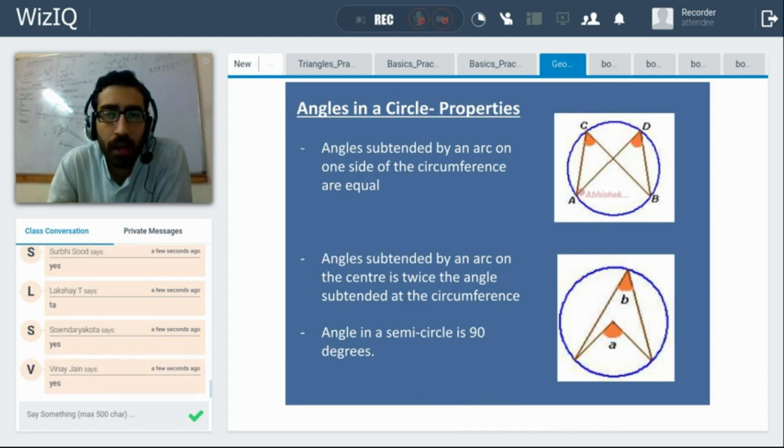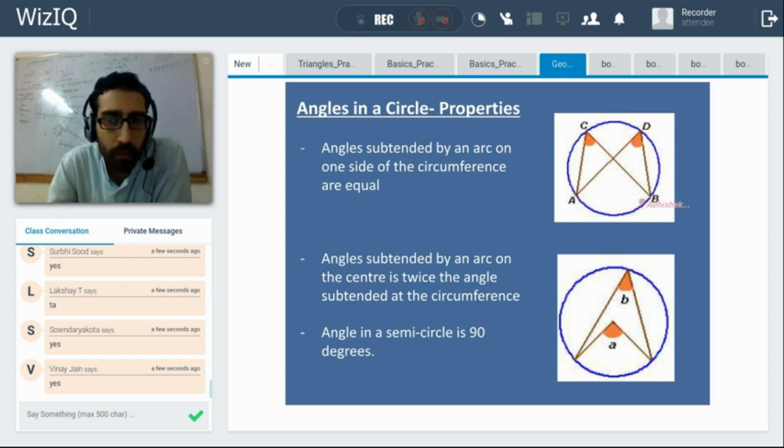Angles in a circle. Let's quickly cover some basic properties about angles. The angle subtended by this arc AB, minor arc AB here, on the other part of the circumference will always be equal.